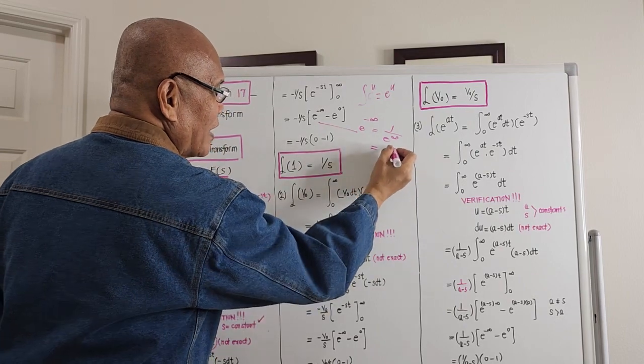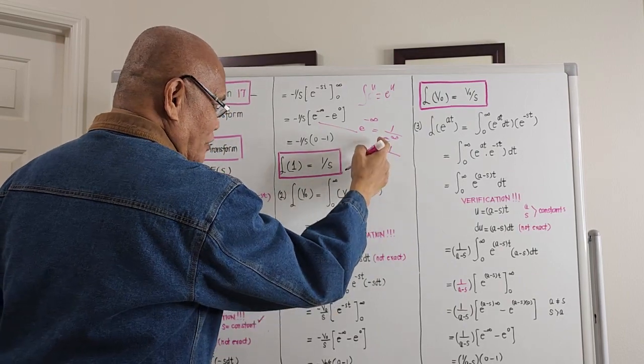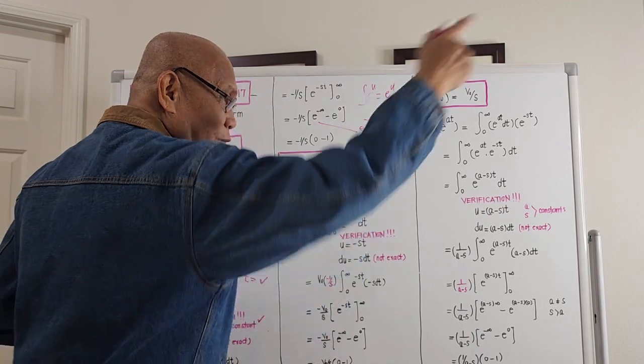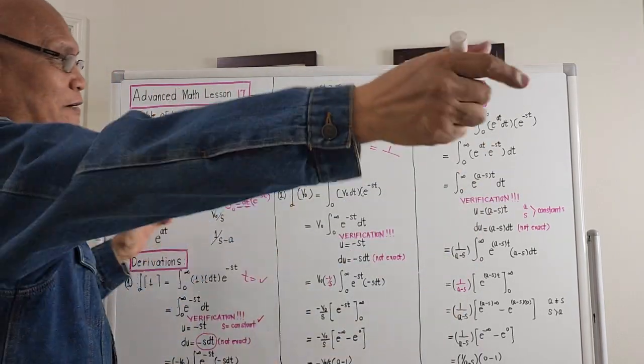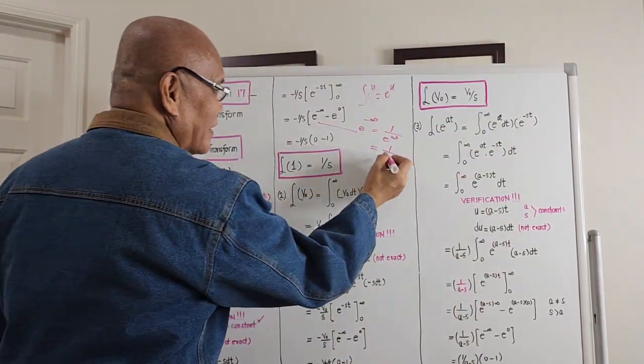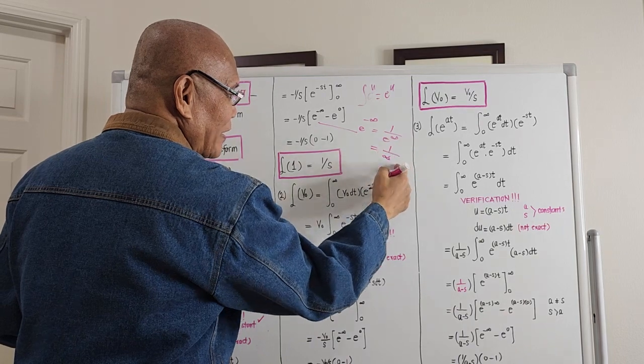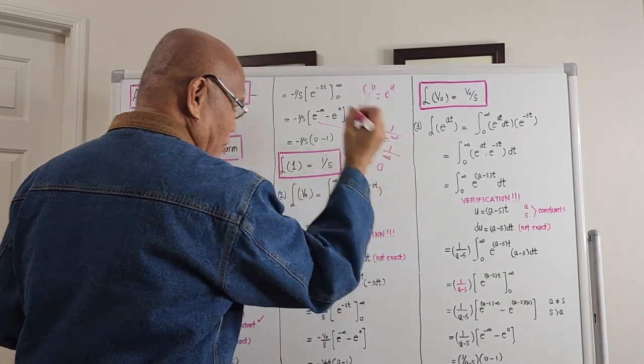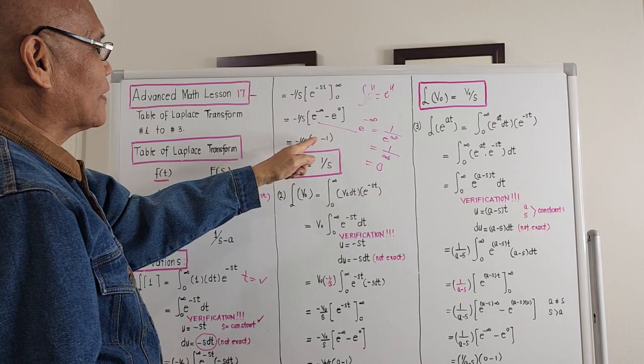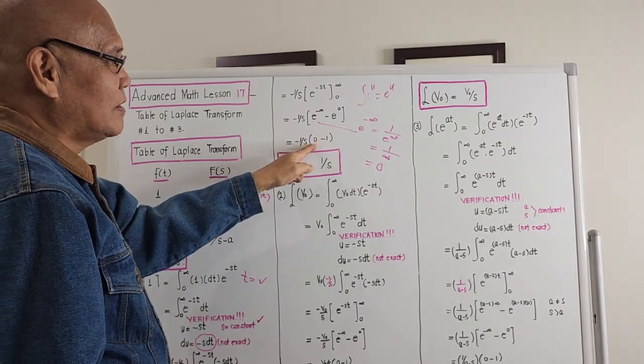So this should be 1 over 2.72 something raised to a very, very big number, which is a very big number. And 1 over a very big number should be 0. So the upper limit is actually 0.